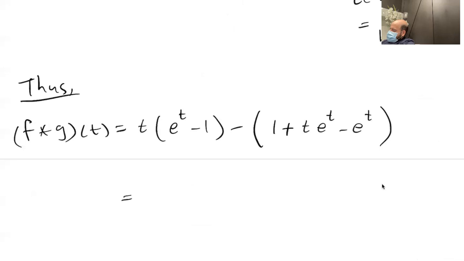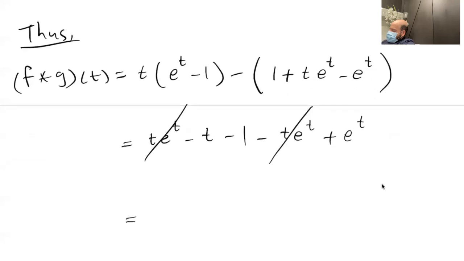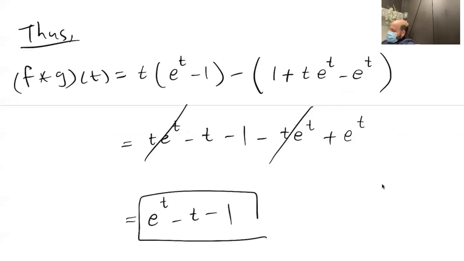Then I'll get a t e to power t minus t minus 1 minus t e to power t plus e to power t. So this cancels with this, and then I'll be left with e to power t minus 1. So if my functions are e to power t and t, then the convolution of f and g will be e to power t minus 1.